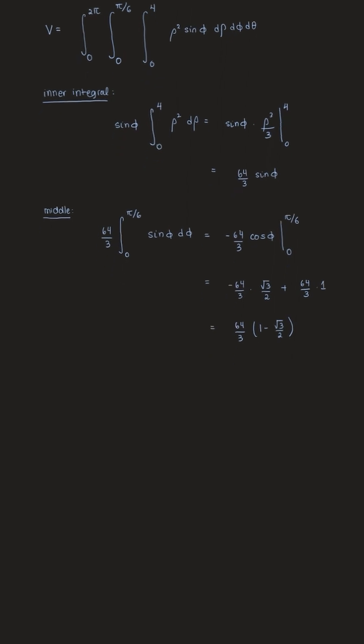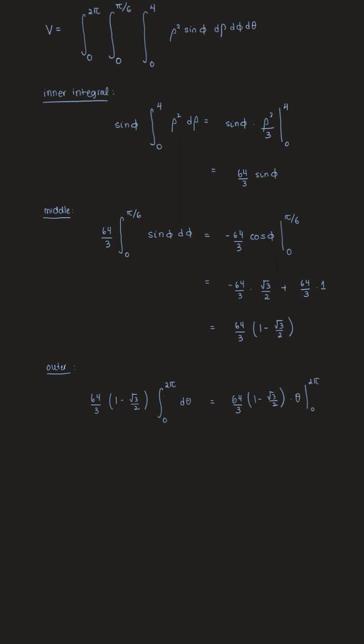Our outer integral is in terms of theta, so we can pull out this constant, 64 thirds times 1 minus root 3 over 2, and integrate from 0 to 2 pi d theta. That's just going to be theta. So we have our constant 64 thirds times 1 minus root 3 over 2 times theta from 0 to 2 pi.